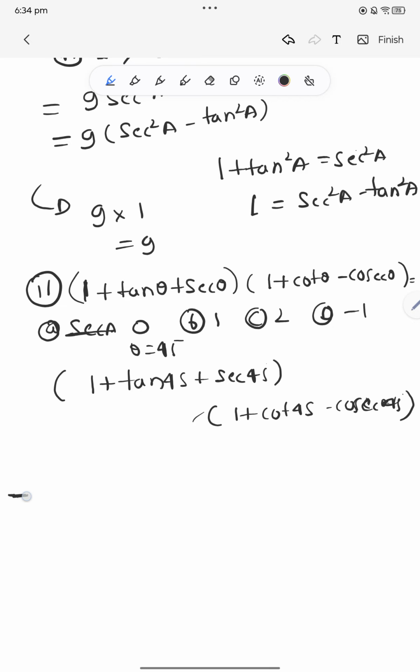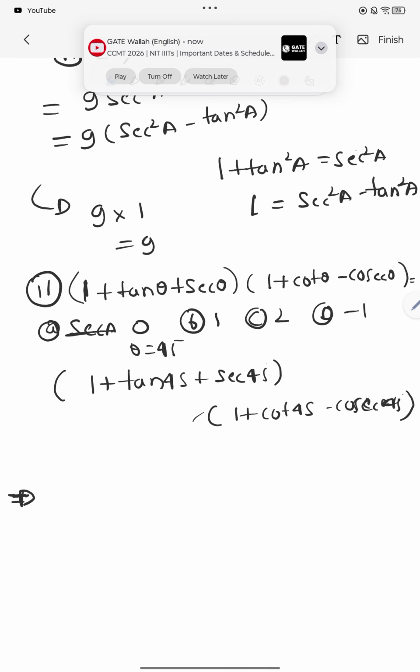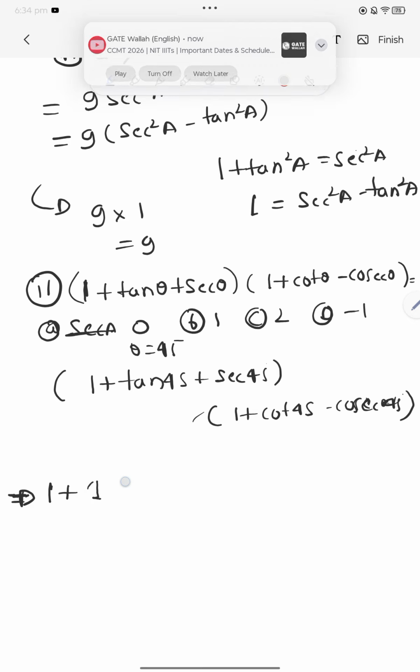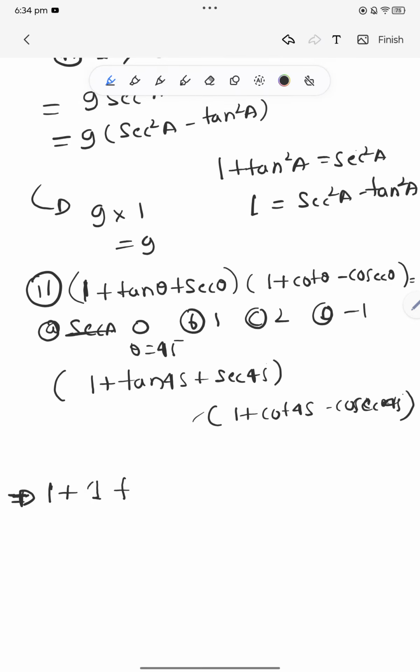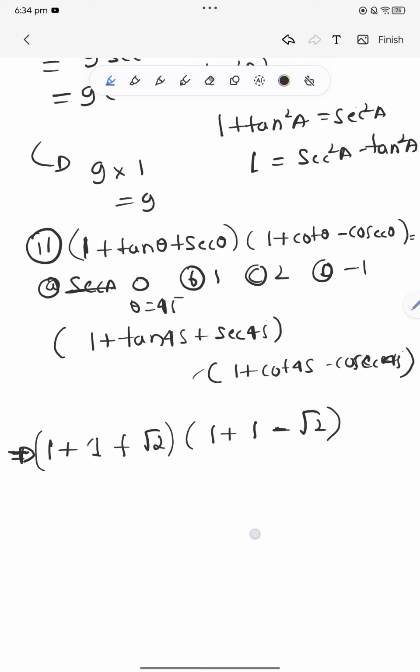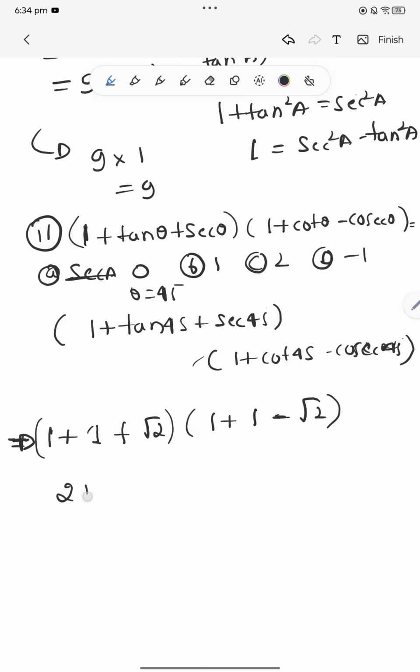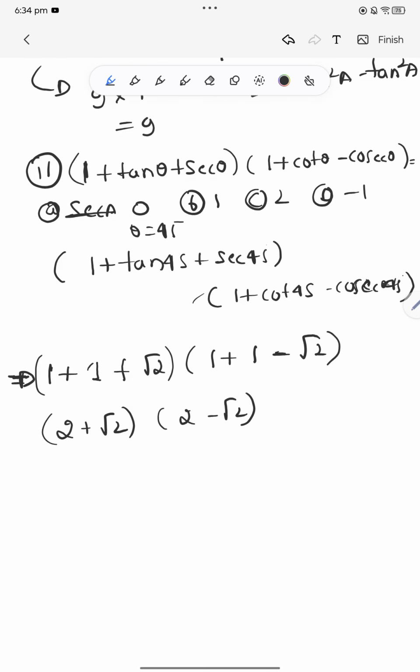See here. Now 1 plus tan 45, value is 1. Secant 45 value: cos 45 value is 1 by root 2, so secant is root 2. Now 1 plus cot 45 value 1, minus cosecant 45 value root 2. So 1 plus 1 is 2, 2 plus root 2, into 1 plus 1 is 2, 2 minus root 2. See here, how are you seeing this?